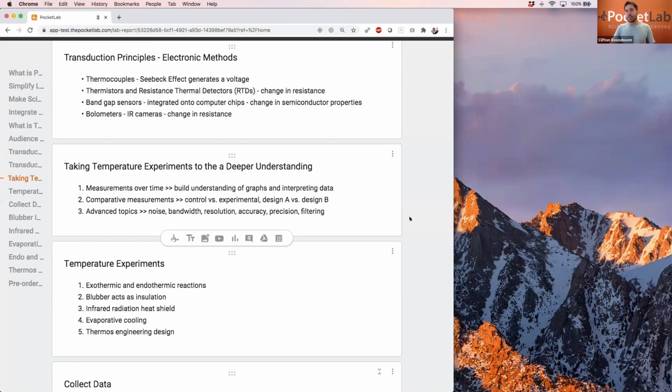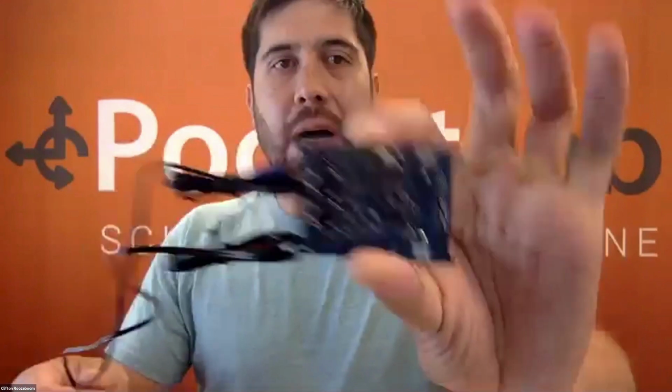So now I'm going to rapid fire through some temperature experiments and try to cram in as many as I can in our time. And what I'm going to use is this device. It's called PocketLab Thermo. It's brand new. I have a prototype here that's hot off the presses.